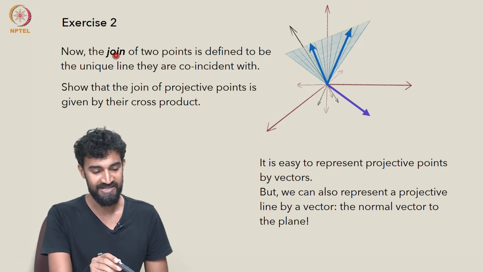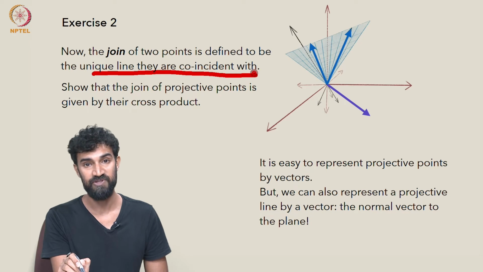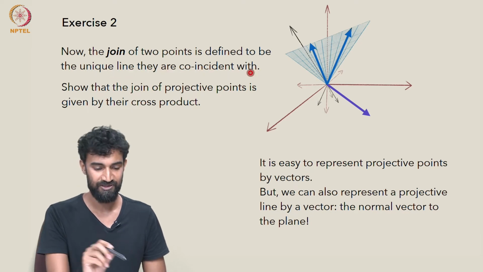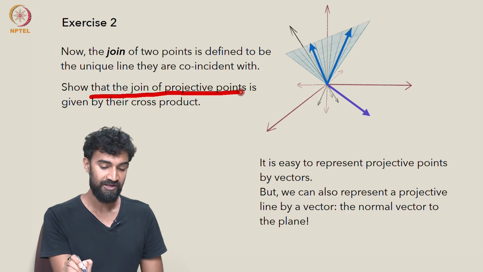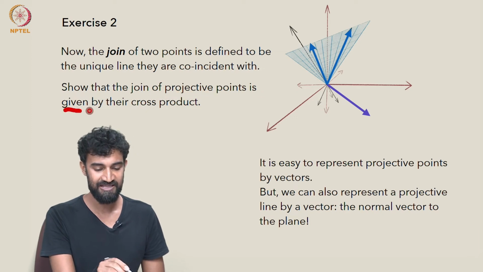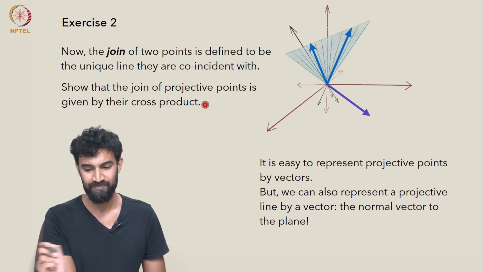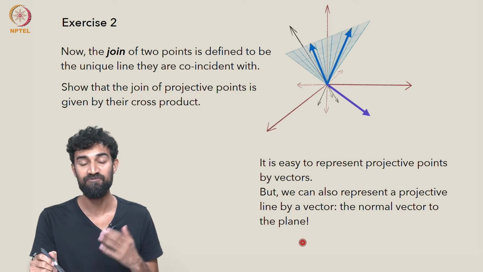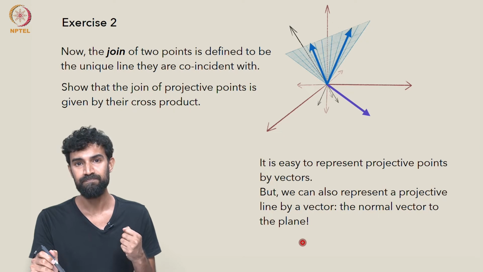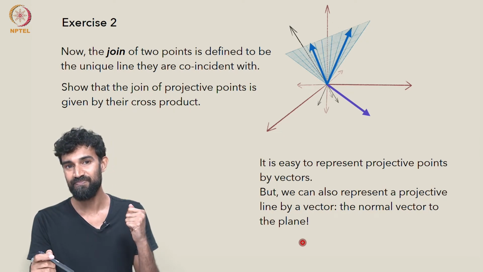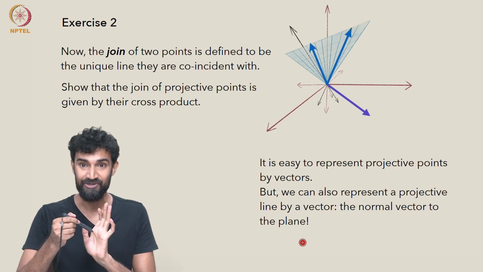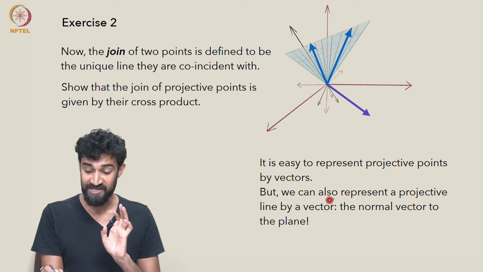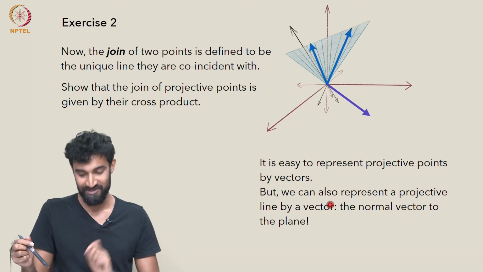Now, a second exercise will define the join of two points to be the unique line that they determine, the unique line they're coincident with. So can you show that the join of projective points is given by their cross product? Given two projective points, the projective line that they determine has its vector representative given by the cross product.